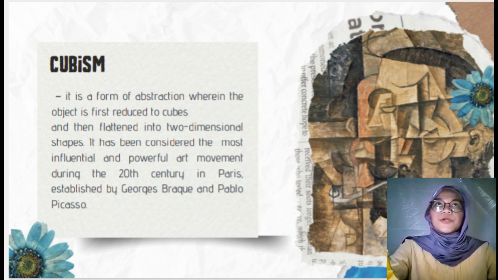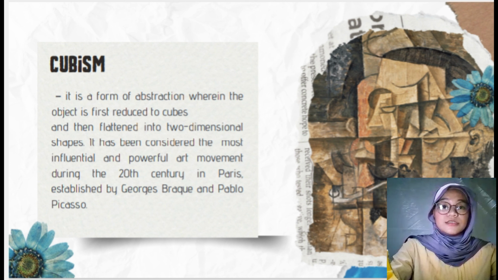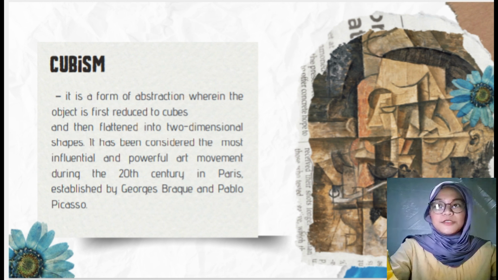So, for an example of Cubism, we can look at the picture. It is a work of Pablo Picasso and Georges Braque. I don't know if I pronounce the name properly. That is one of the famous examples of painting.